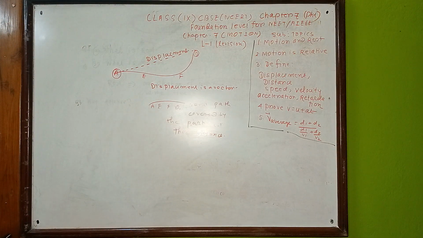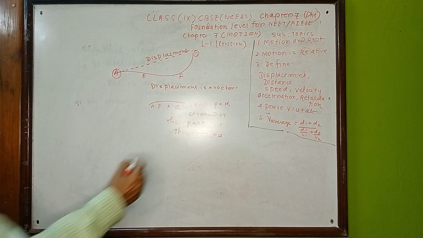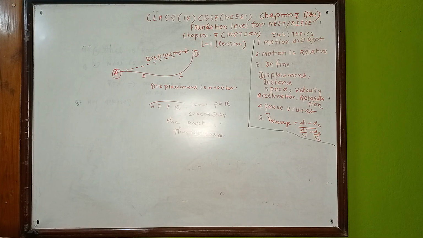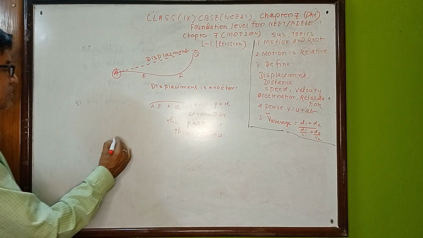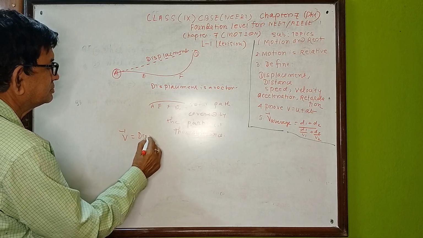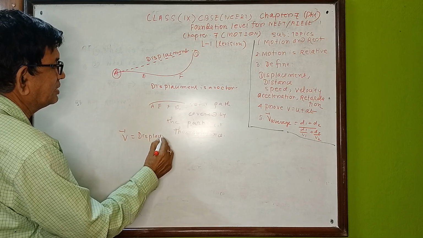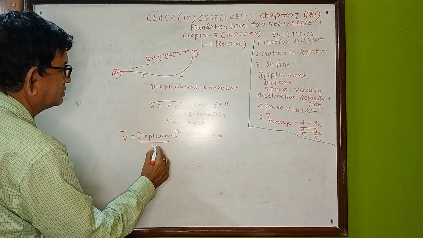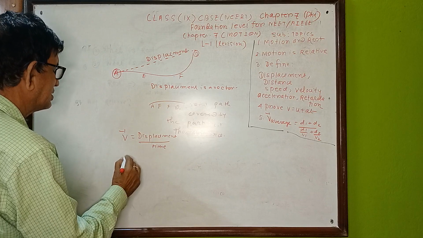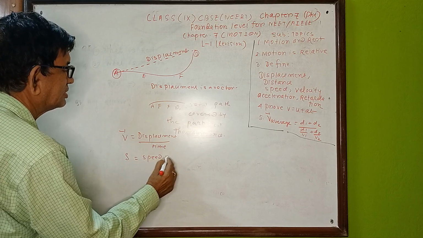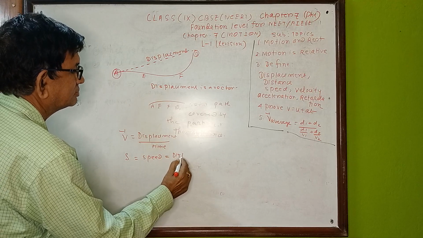So the total path covered by the particle, that is distance, and the shortest distance between A and B, that is the displacement. Now displacement per unit time is velocity, and speed is equal to distance by time.